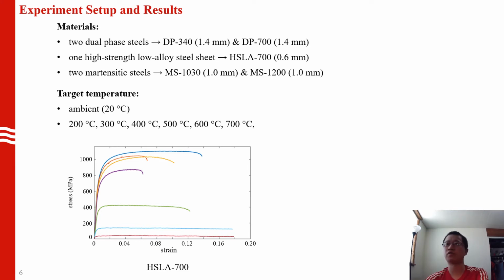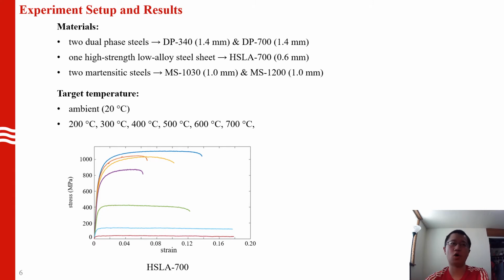For each of these steels, from ambient to around 400 or 500 degrees, the curves generally have a much larger degree of curvature than their counterparts at higher temperatures. This phenomenon is particularly obvious for the DP and HSLA, while less obvious for the MS steel.